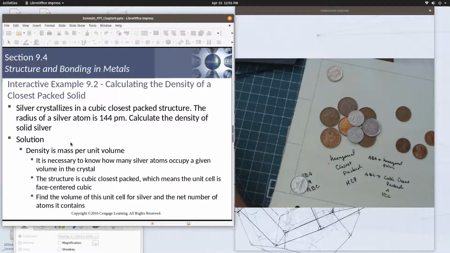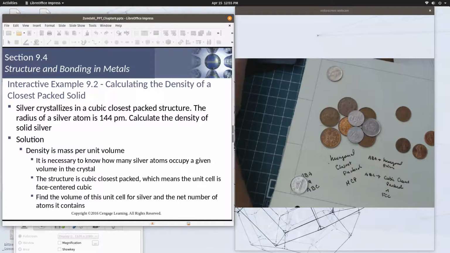And likewise, if I know the mass of an atom and I know the volume of the unit cell, I can calculate the density. So if I know the radius of a silver atom, which defines the packing distance between silver atoms, I can get the density.